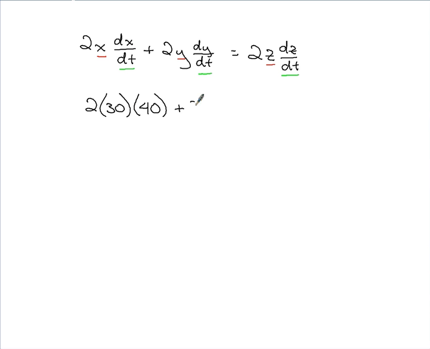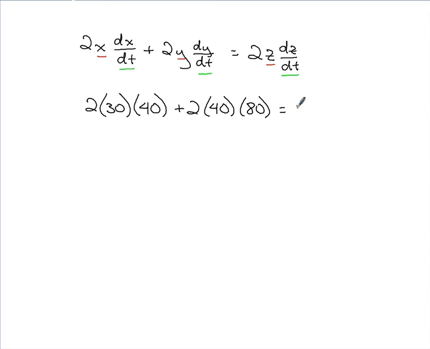We add on 2 times y. Let's see, y was the distance they were at when I was 30 miles away. They were 40. And then dy/dt is the speed they're traveling. They're going 80.